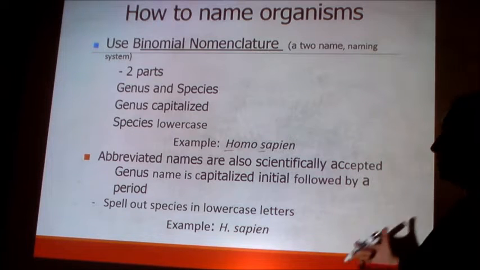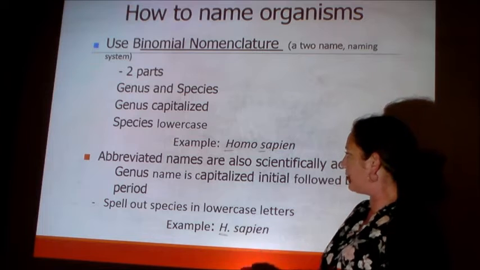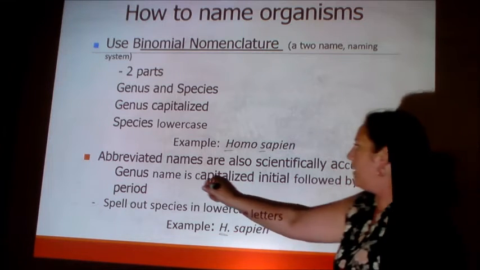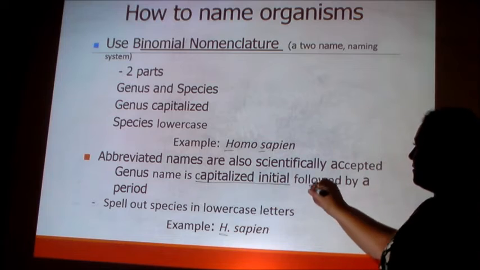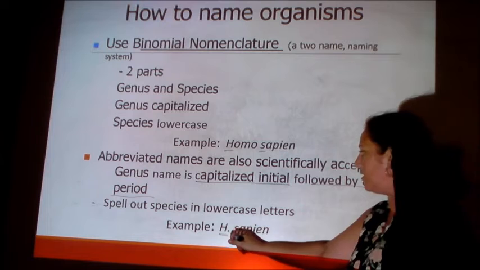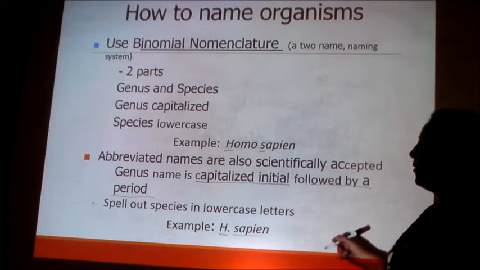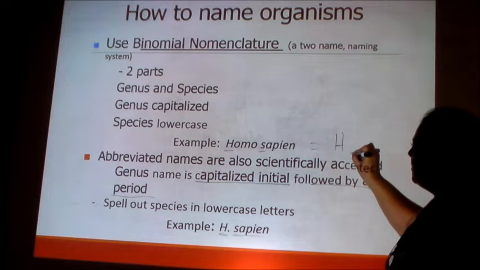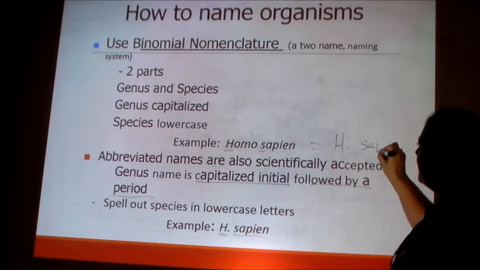So what you do is you take the genus name, and you only take the first initial, you capitalize it, and you add a period. It's a capitalized first initial, followed by a period. Then you spell out the species in lowercase. So an abbreviated version of Homo sapiens would be H. sapiens.